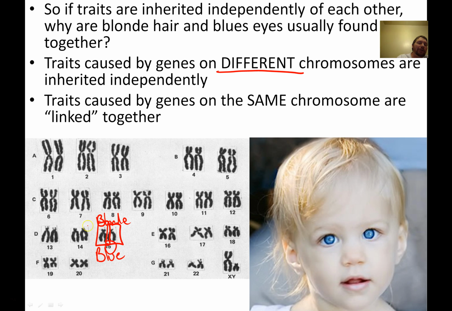If mommy gives you a copy of chromosome 15 that's got the blonde hair and it's got the blue eye gene on it, well, guess what? When you pass on your chromosomes, you're going to pass on that copy of chromosome 15 you got from your mommy, and it's very likely that those blonde hair and blue eye genes are going to stay together on the same chromosome and get passed on to your kids together as a package deal.